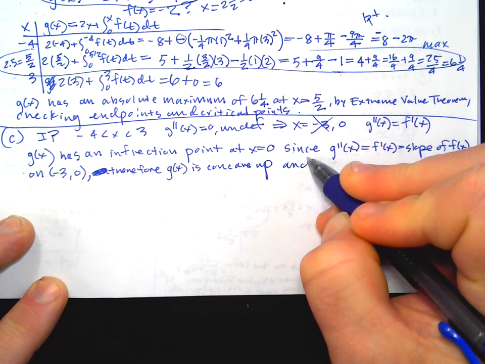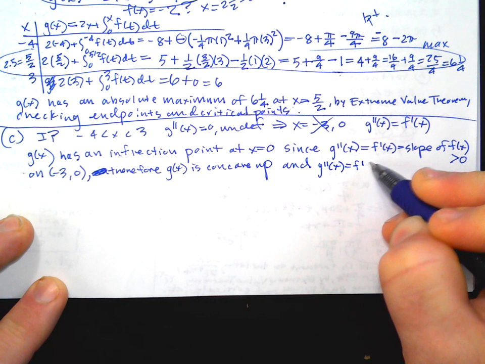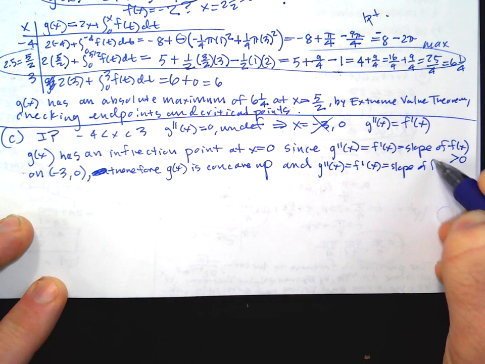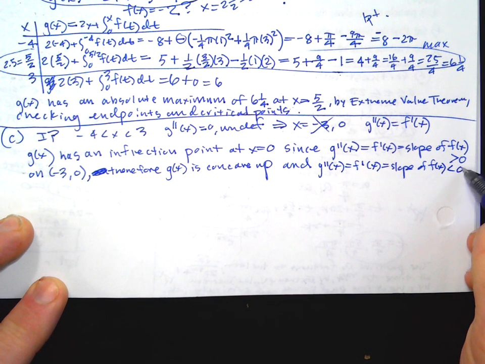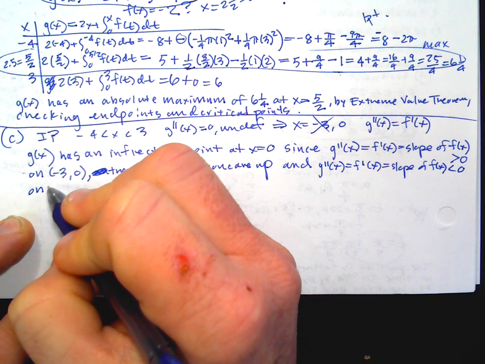And G double prime of x equals f prime of x equals the slope of f of x is negative, less than 0 on the interval 0 to 3.